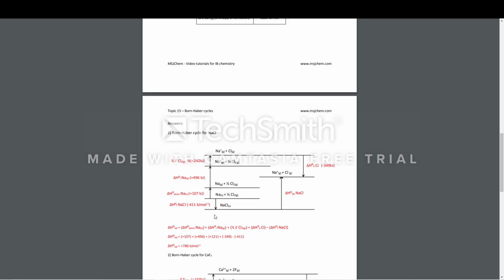We put positive 411 kilojoules, and add the next one, which is 107. Then add the next one, which is 496. Then add the next one, which is 242 here.